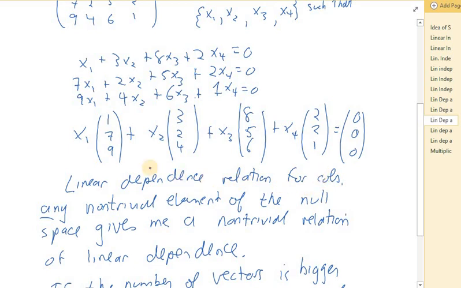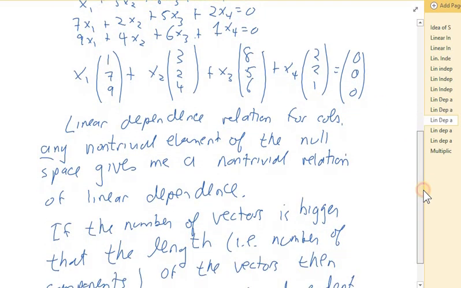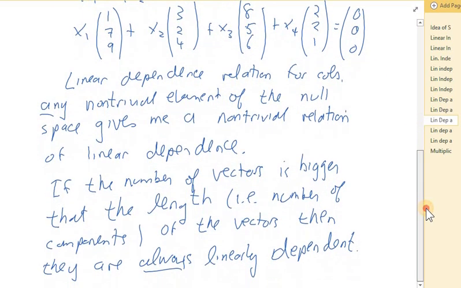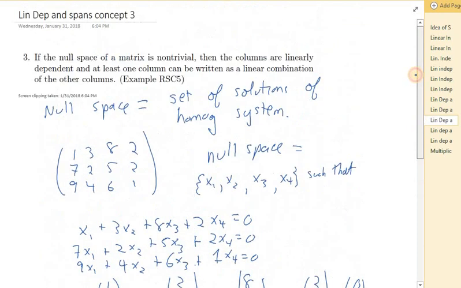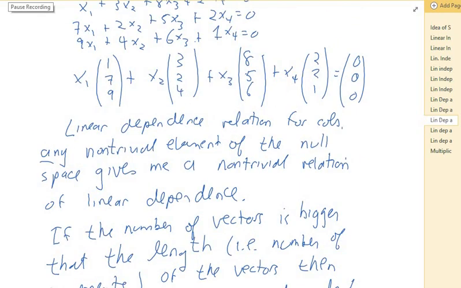That means at least one of these vectors has a non-zero coefficient. I can take that vector to the other side, divide by the coefficient, and get that vector in the span of the others. What I said here was that any non-trivial element of the null space gives me a non-trivial relation of linear dependence.